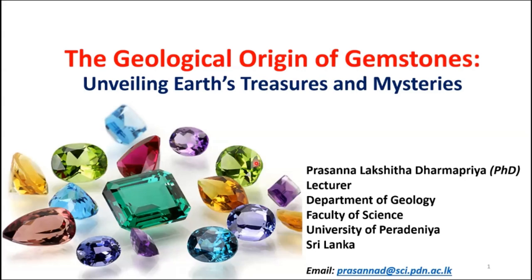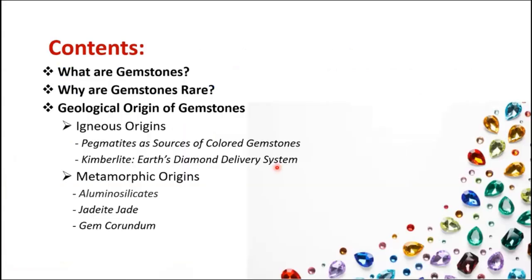Under this particular title, this is the main content. At the very beginning, I will briefly introduce what gemstones are. Gemstones are very rare materials, so what are the reasons for that? Why are gemstones rare? We will discuss some more information regarding that.